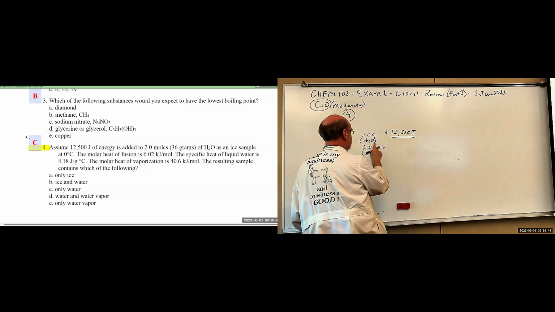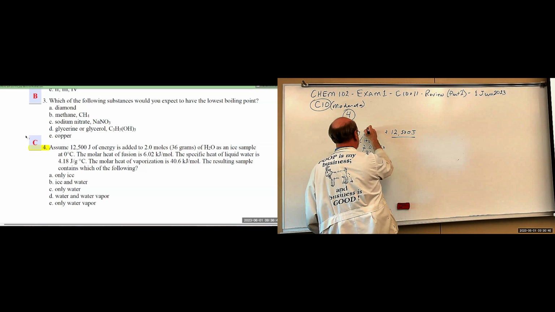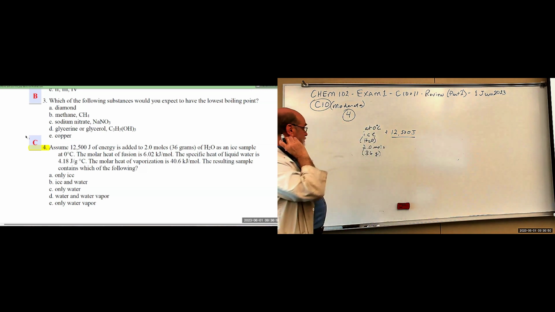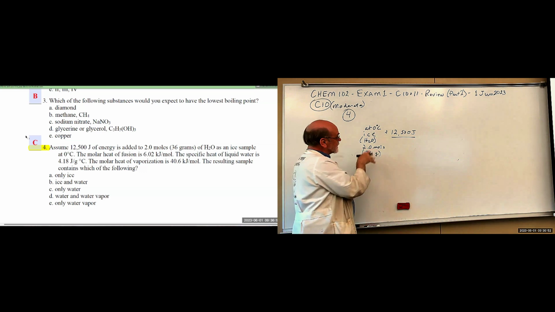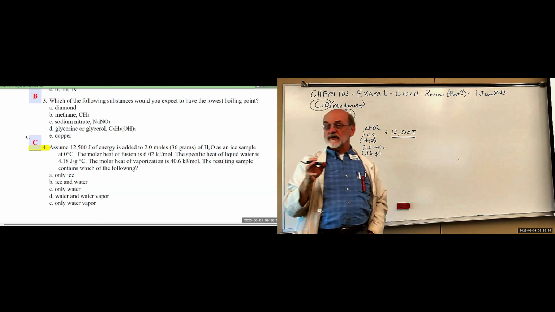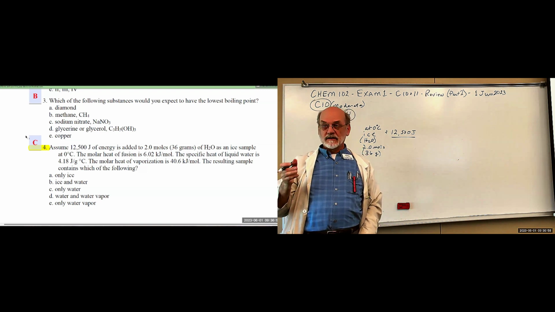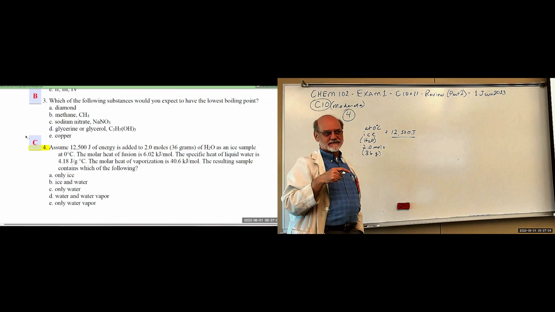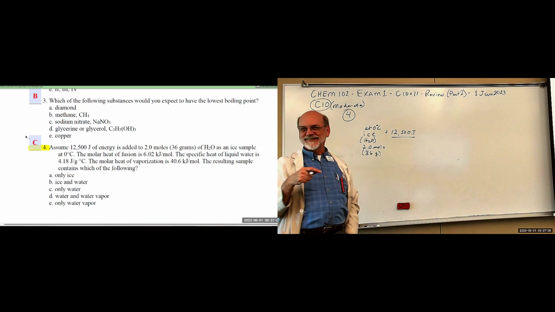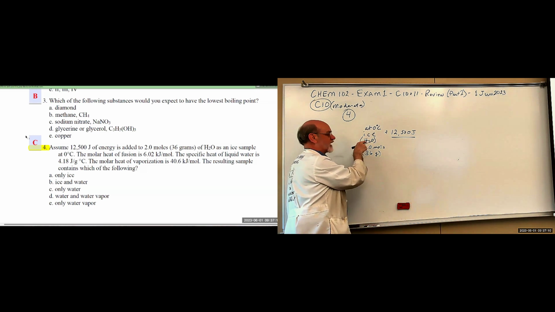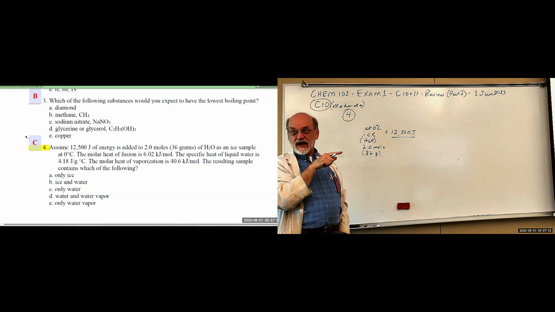And this is at 0 degrees C. Right, and they're telling us that this is all ice at 0 degrees. Now, at 0 degrees in 1 atmosphere, it's possible to have solid and liquid. Right? It's possible to have both, but this is telling us we're starting at solid.